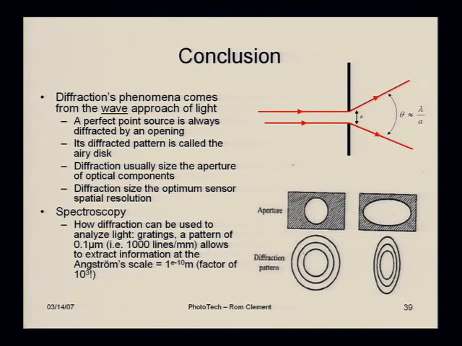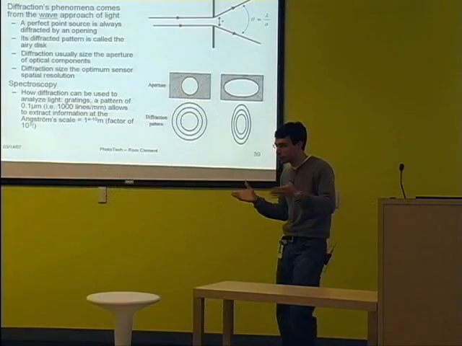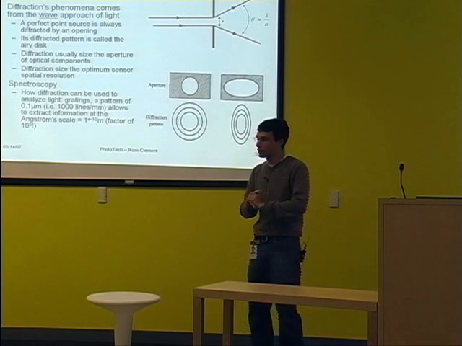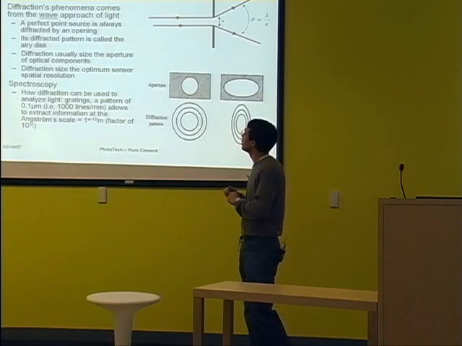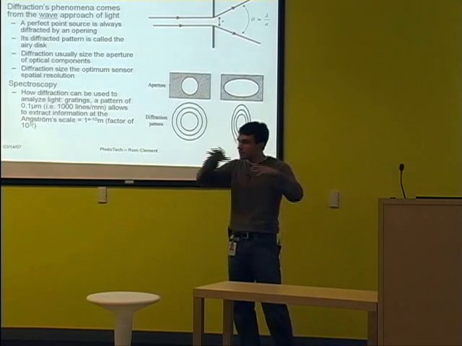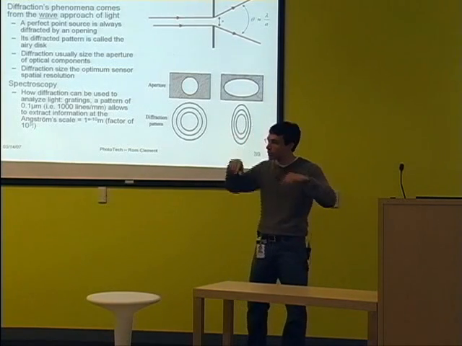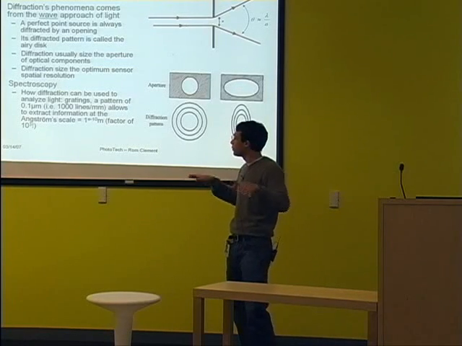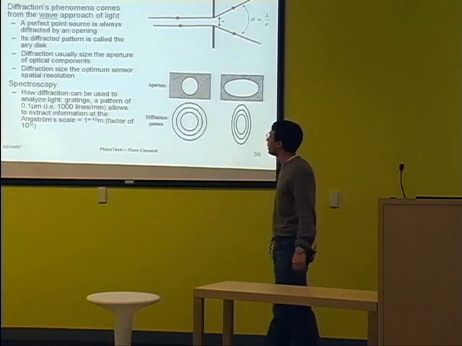So the diffraction pattern is called the Airy pattern, which is a lot more specific to circular apertures, but it's maybe 95%, if not 99%, of optical systems that are circular. The intensity profile always looks like a main peak in the middle and then a small wave at the bottom.